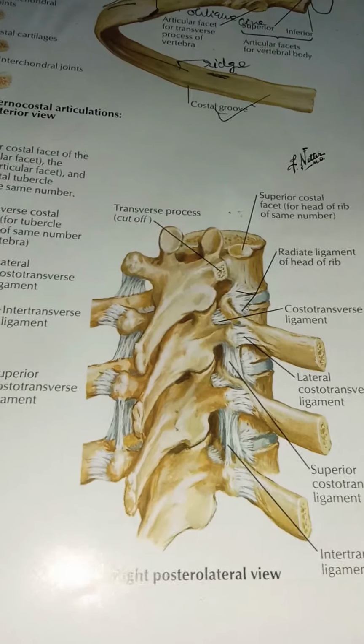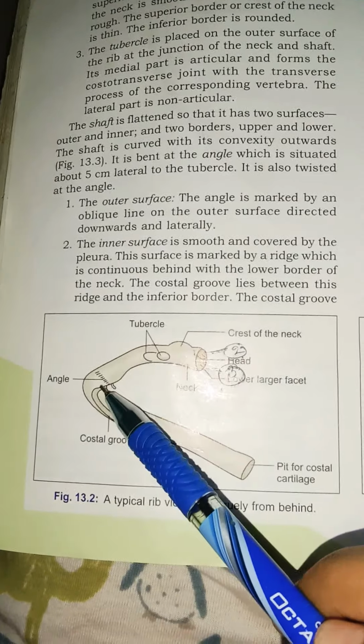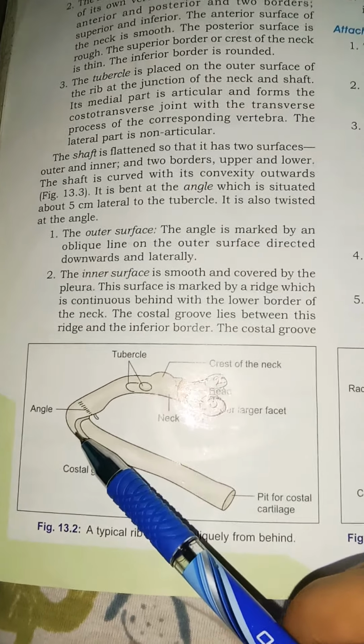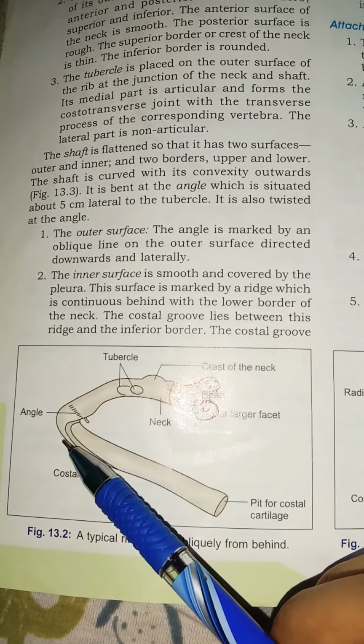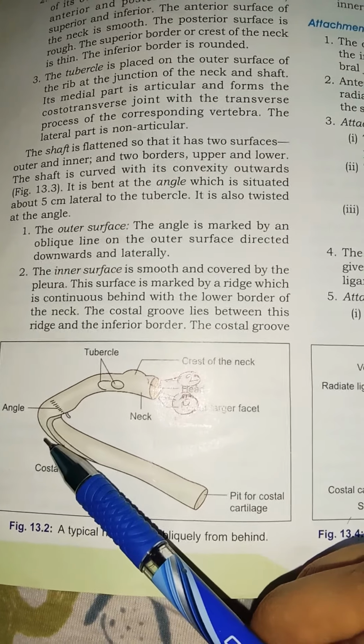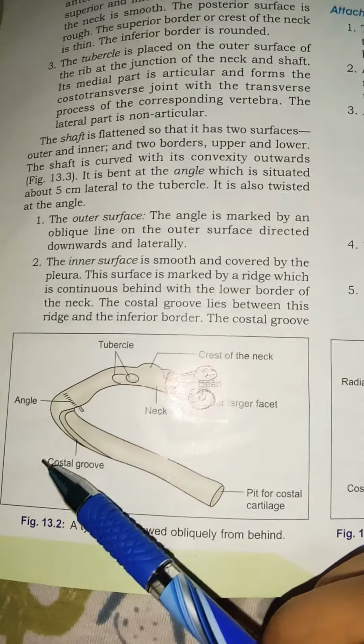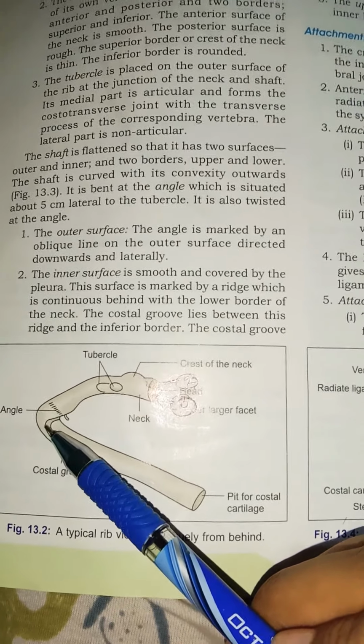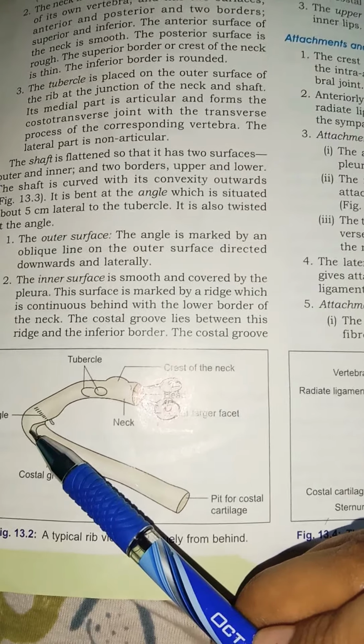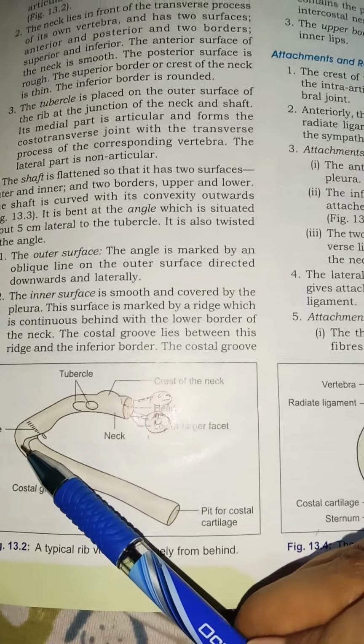Costotransverse means it is attached from the rib to the transverse process of the vertebra. And we already know that in the shaft we have an angle, right? To this angle there is attachment of the thoracolumbar fascia and also the lateral sacrospinalis, and medial to the angle there is attachment of levator costae and also sacrospinalis.